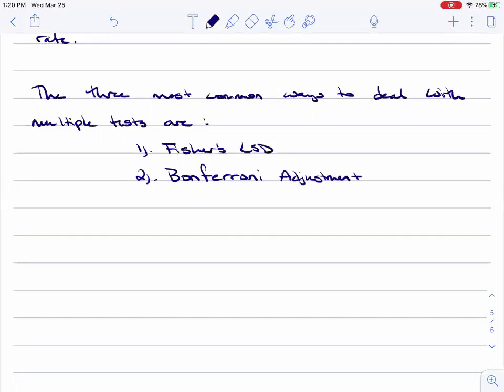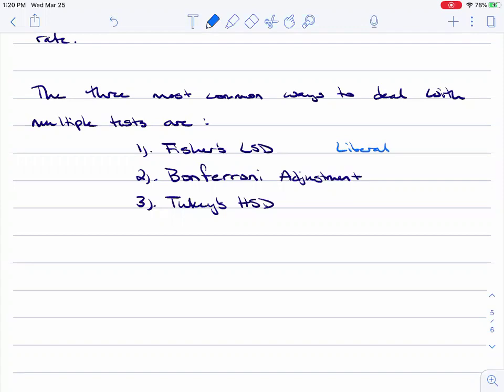And I think I've even hinted at the Bonferroni adjustment and said, oh, just divide your alpha level by however many comparisons you want to do. And basically that's it. But we'll talk about it. And then there's Tukey's HSD, which stands for honestly significant differences, or honest significant differences. If we had to rank these, then Fisher's LSD is quite liberal in the sense that we just want to see if there are any differences here.